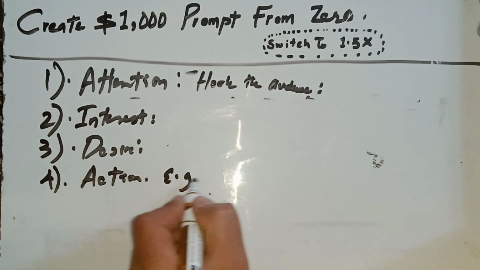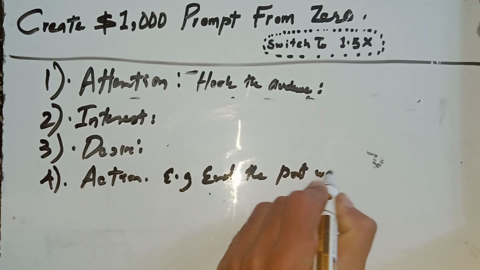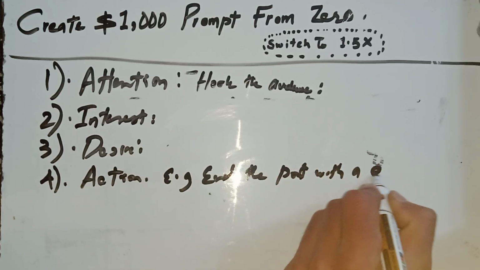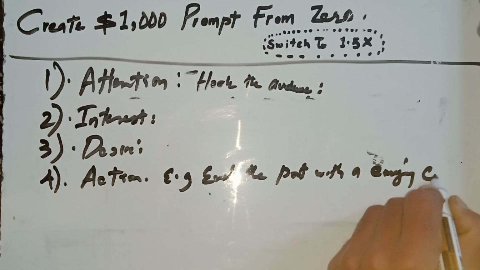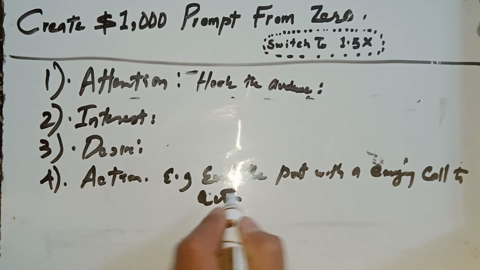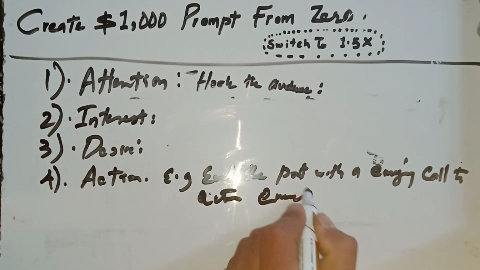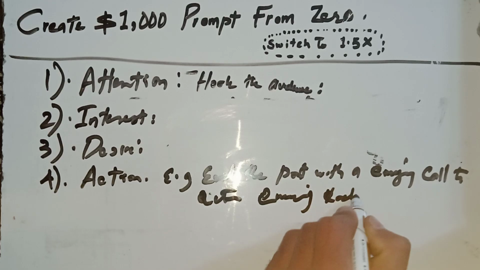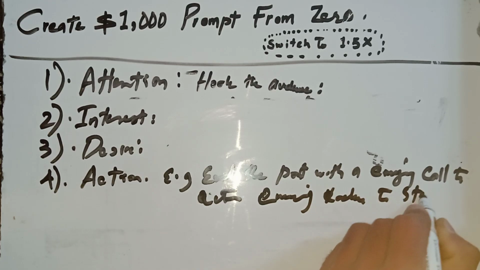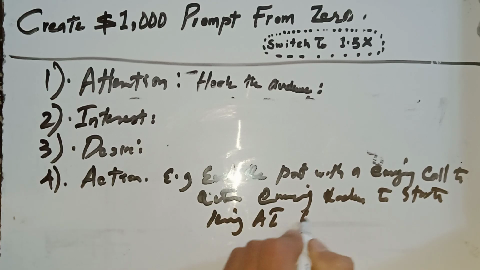For example, you can ask AI to end the post with an engaging call to action, encouraging readers to start learning AI tools.